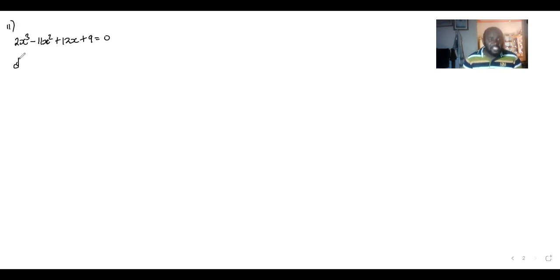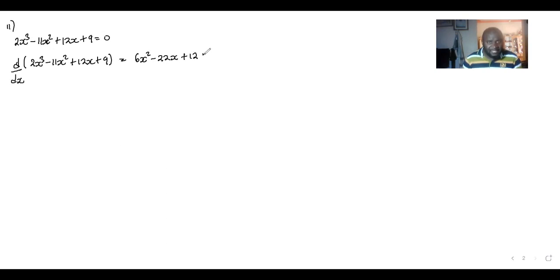You can first check whether it has repeated roots. This can be checked by differentiating 2x cubed minus 11x squared plus 12x plus 9. When you differentiate this, we shall get 6x squared minus 22x to power 1 plus 12.